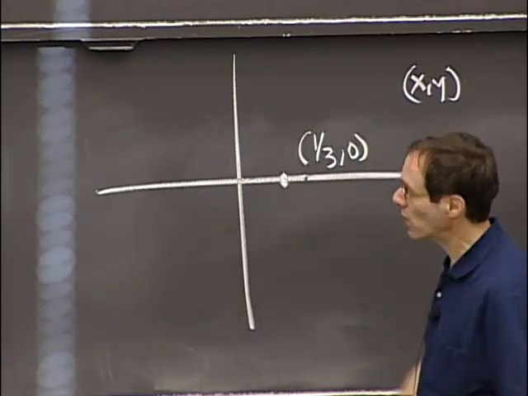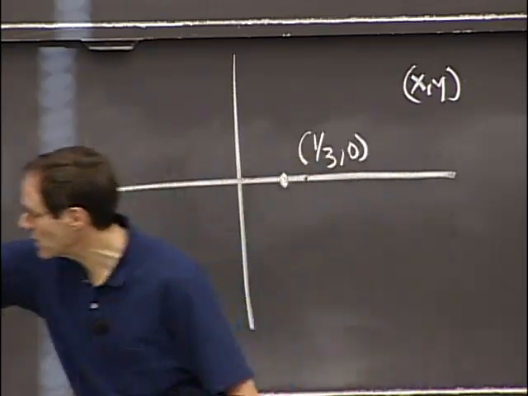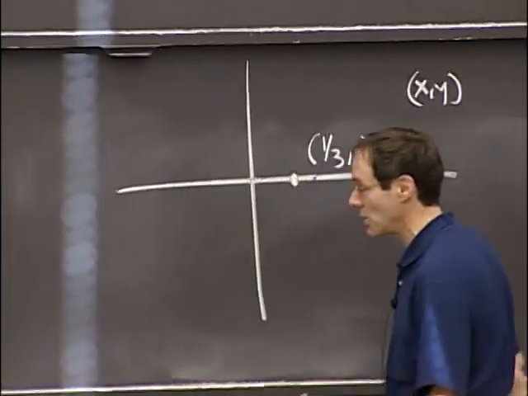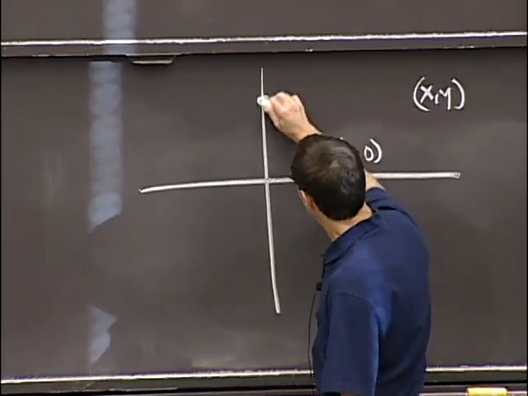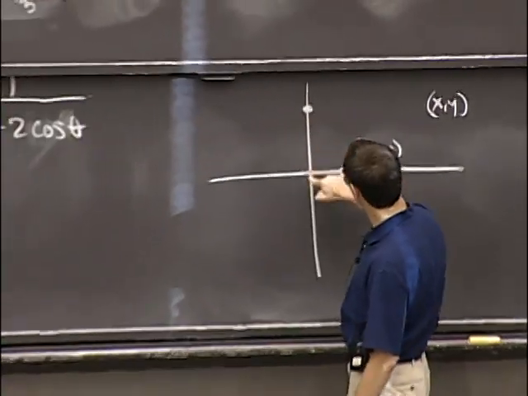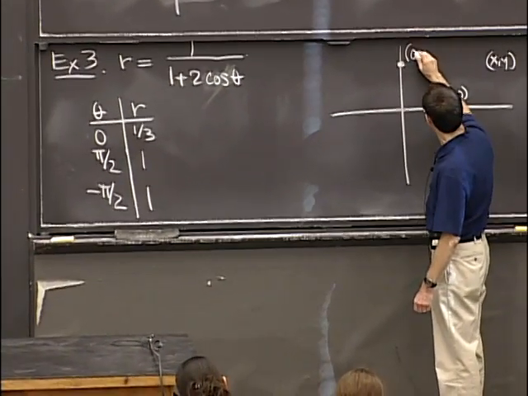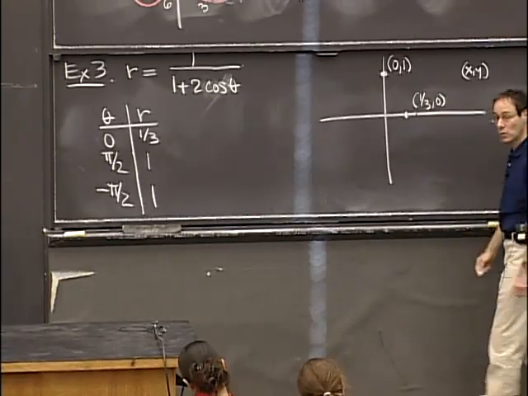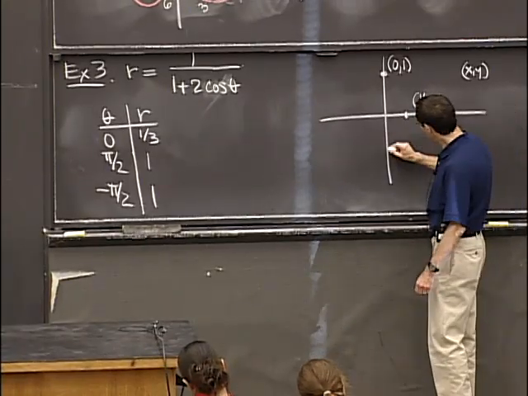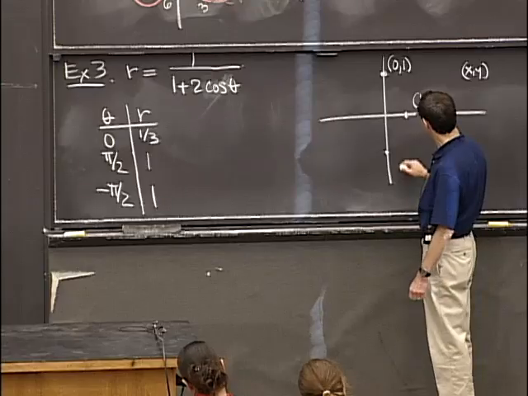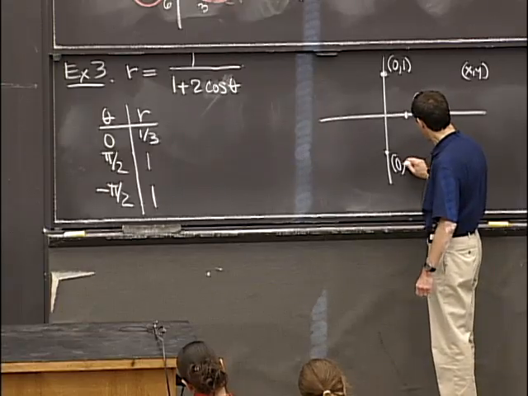The polar coordinate is 1/3, 0, but the rectangular coordinate is also that. And over here, at pi over 2, the distance is 1, so this is the point 0, 1 in xy coordinates. And then down here at negative pi over 2, it's 0, minus 1.